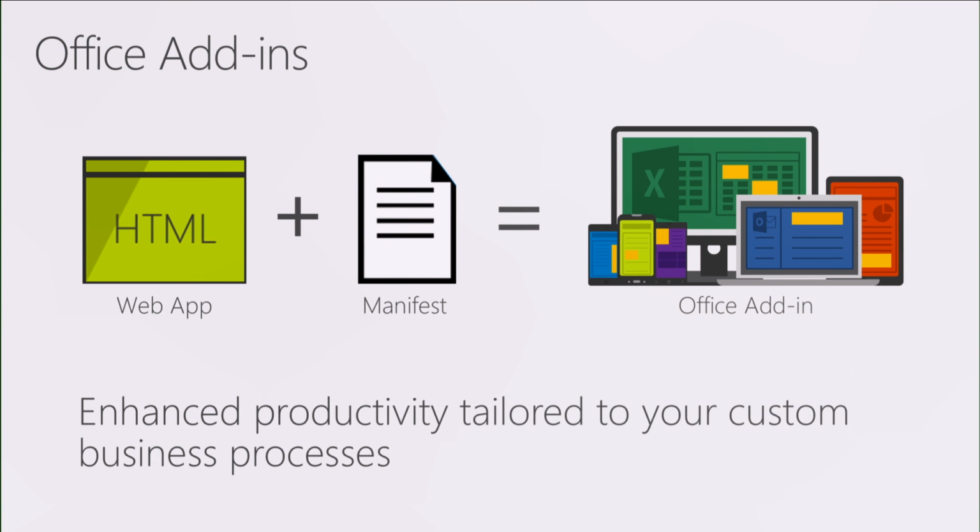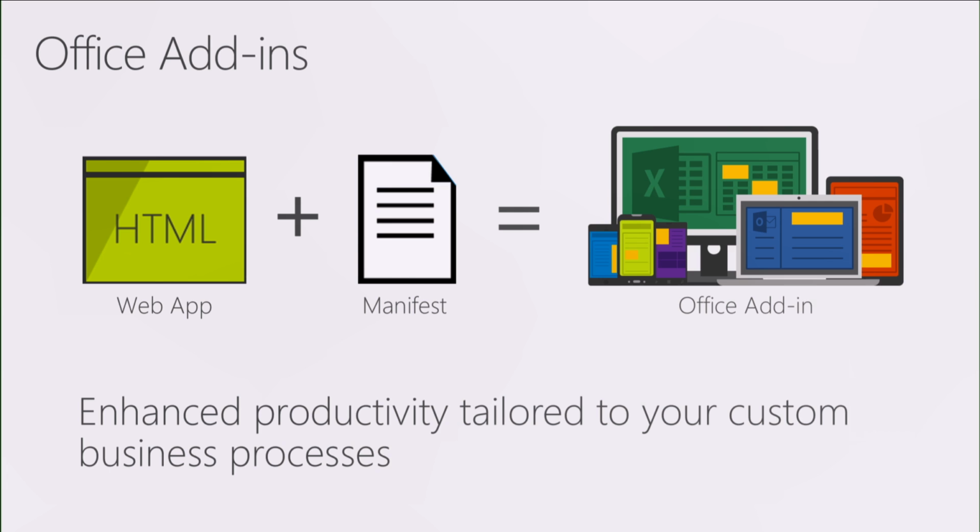So let's take a look at what a web add-in is and why we would want to create one. From a technical perspective, an add-in is really a simple concept. It's effectively just a web app that can be created with your standard web technologies, HTML, JavaScript, CSS on the client. But you can also add whatever server-side logic you want, built on any web server stack.